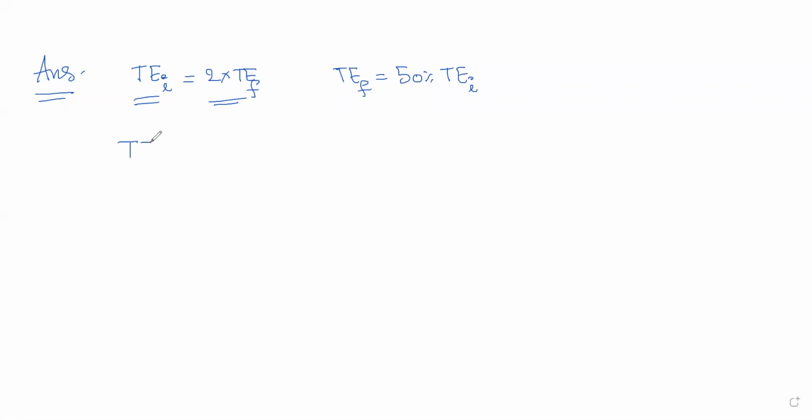Now, what will be the total energy initial? The ball is thrown from a height of 20 meters from the ground with some velocity v naught. So it has kinetic energy as well as potential energy. The kinetic energy is half m v naught square, and the potential energy is mgh, assuming this height is h.